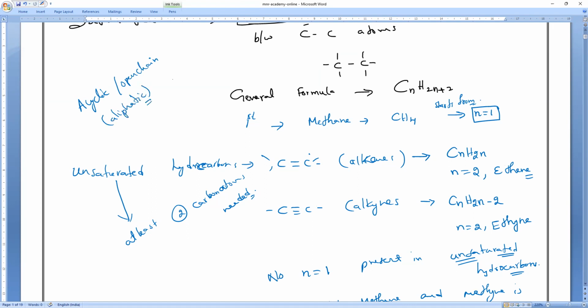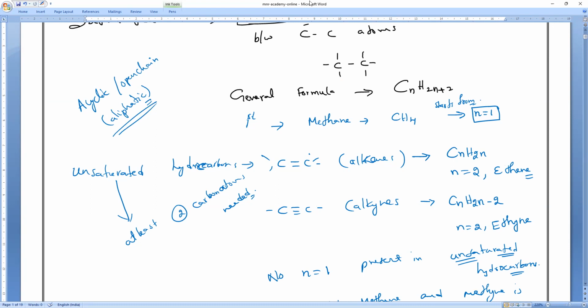What do we call them, everybody? Aliphatic hydrocarbons. Now, these closed chain saturated hydrocarbons will show the properties of aliphatic hydrocarbons. That is what I'm saying. Do you understand, everybody?